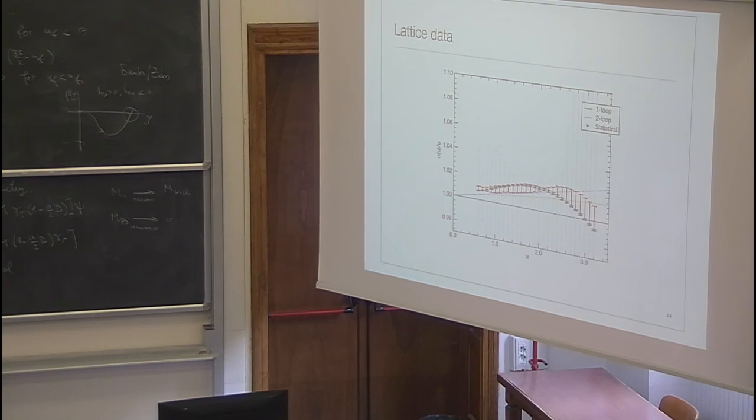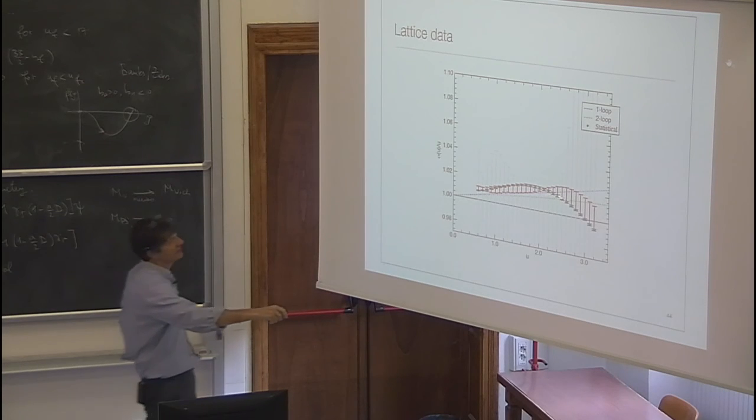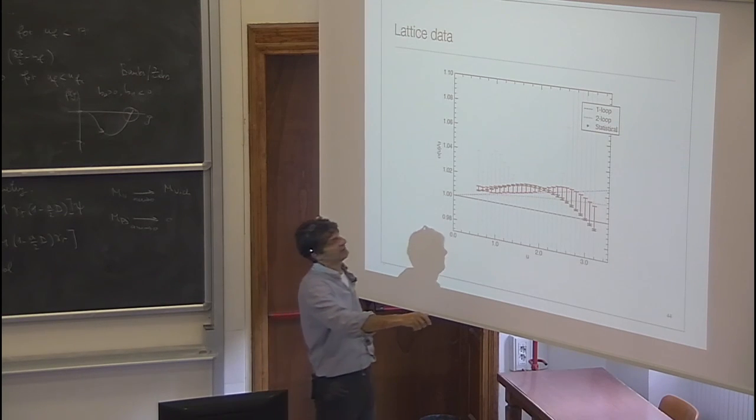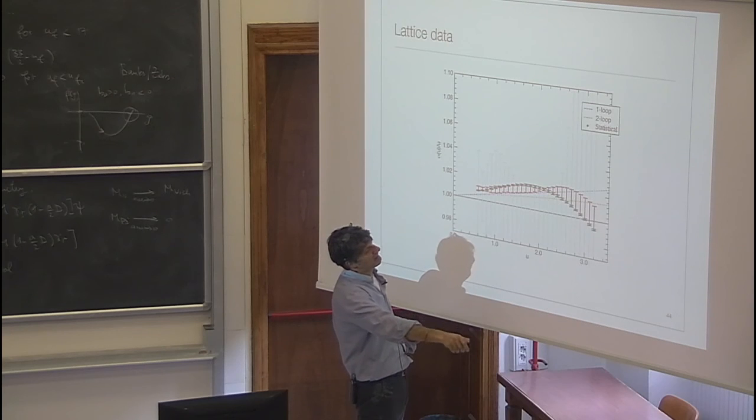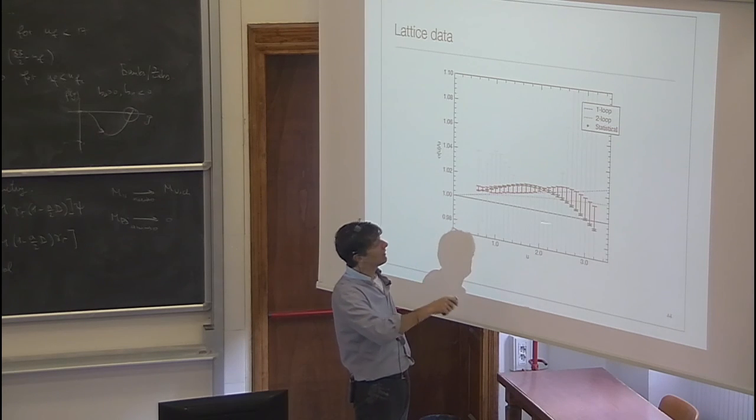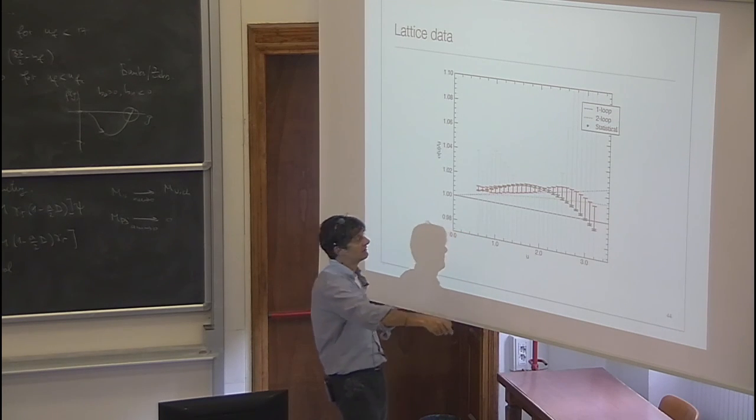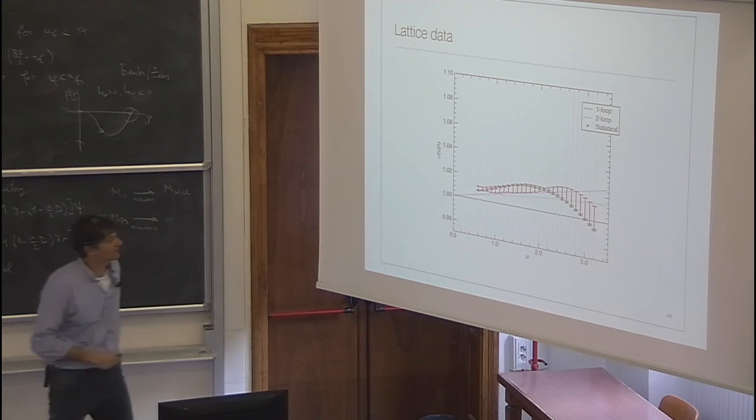If you look at the two-loop result, there is an infrared fixed point. This green line eventually goes back down and crosses the y equal 1 axis somewhere at very large values of the coupling.